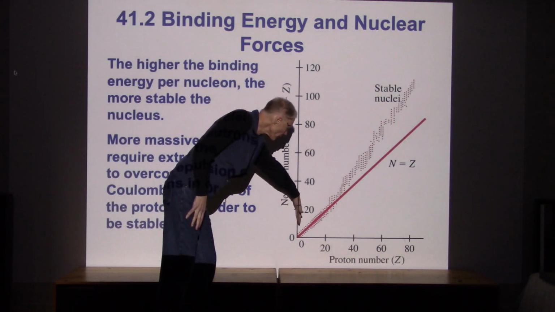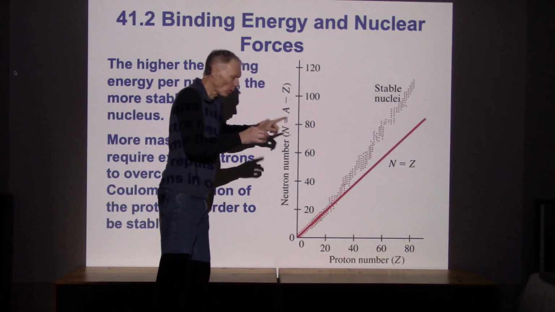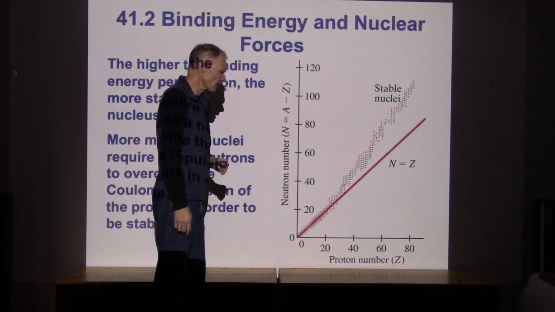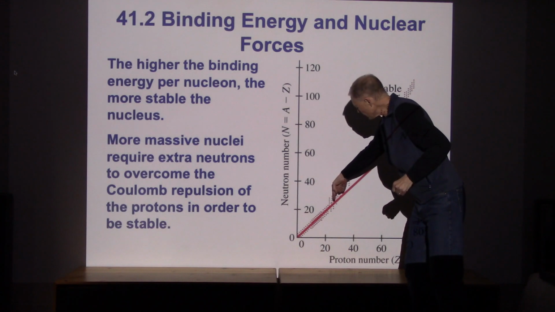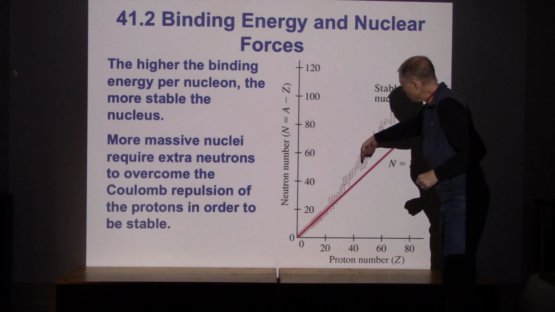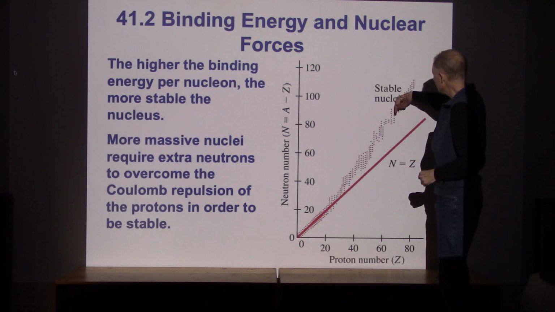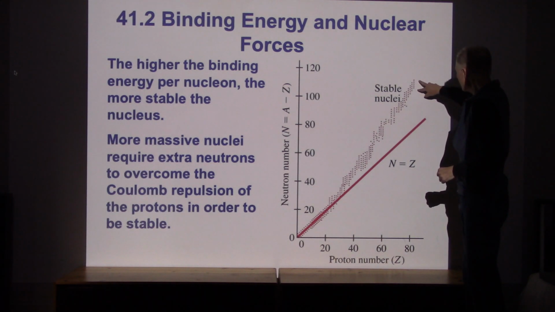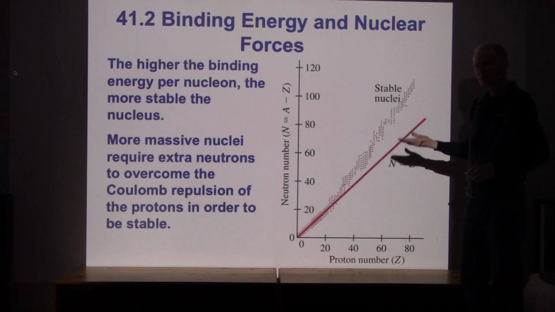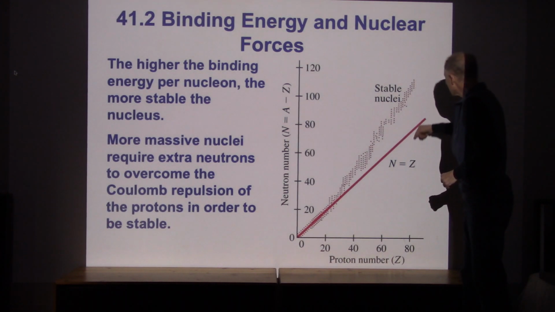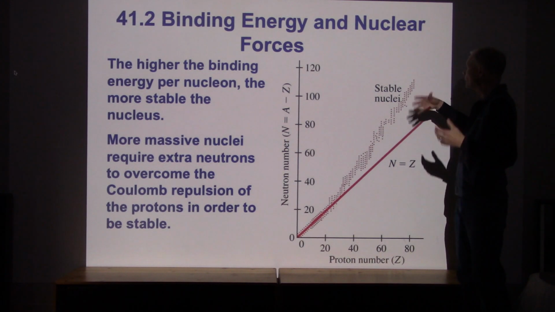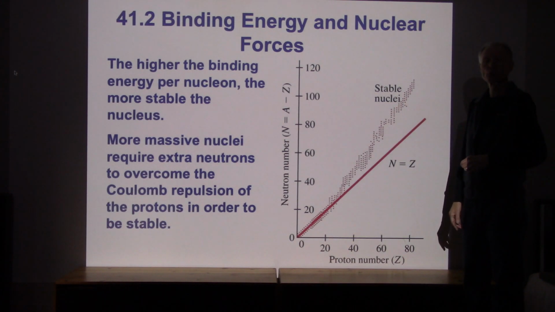So as we go through the periodic table, at first that one-to-one effect is dominant, but as we move through, we want to pick up just a few extra neutrons, and then a few more, and then a few more. By the time we get to the end of the periodic table, those differences are pretty significant. I'm looking at element number 80 and seeing that they might have 100 or 110 neutrons.